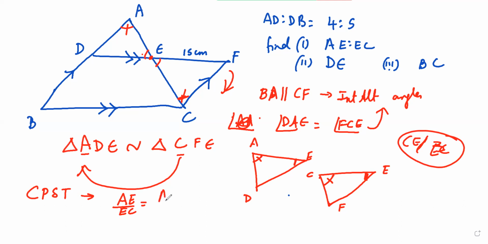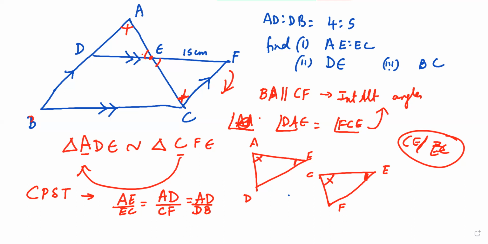AD by CF. Okay, now you go back to what is given in the question. AD is to DB is 4:5. What is DB? DB is equal to CF. So I can write AD by DB. Why? Because DB and CF are equal, opposite sides of the parallelogram. It's given, isn't it? That BCFD is a parallelogram.